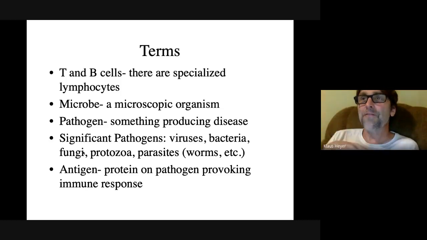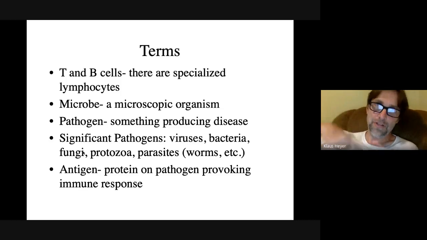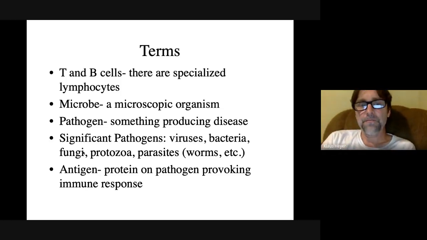So you don't have to show your body the complete coronavirus, the entire virus. You could just take a piece, a little protein off of the virus, the coat that the virus is wearing. You could take a protein and show it to us, and we'll develop an immunity to that. So you don't actually have to use the whole thing. That's an antigen.